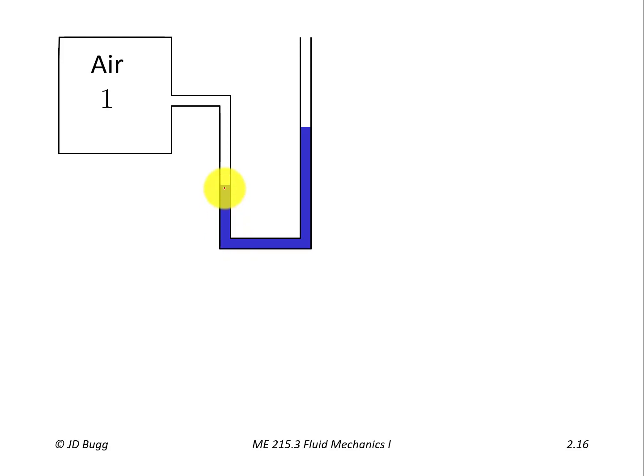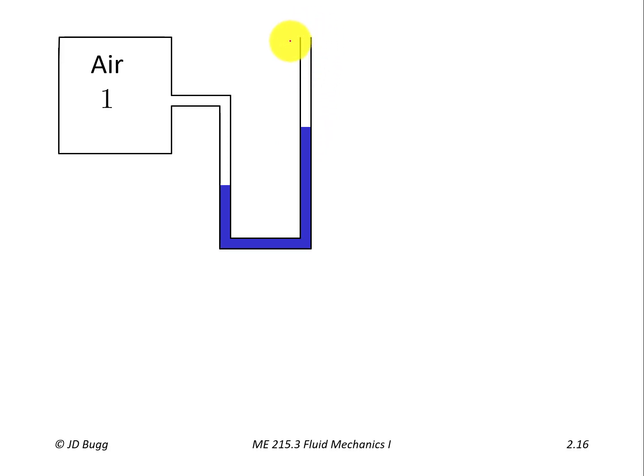Now there's a wide range of fluids we might use in here. It could be water, it could be a much more dense fluid, it could be a lighter fluid. Part of the design of the manometer is deciding what the manometer fluid is going to be. If the pressure in this air tank is higher than atmospheric pressure, then it will push the manometer fluid down on this side, and it will subsequently raise up on this side.